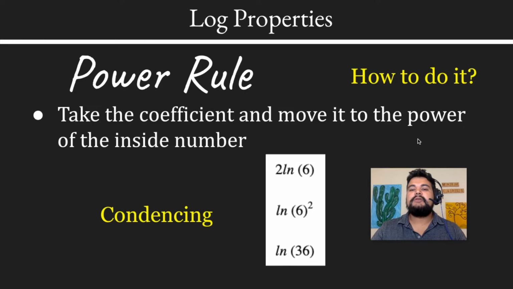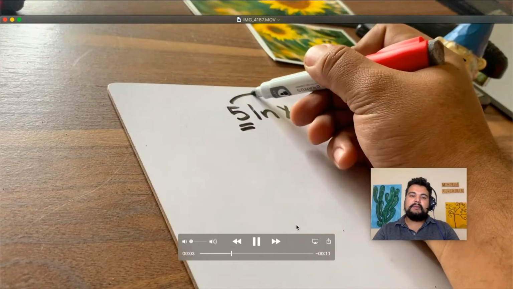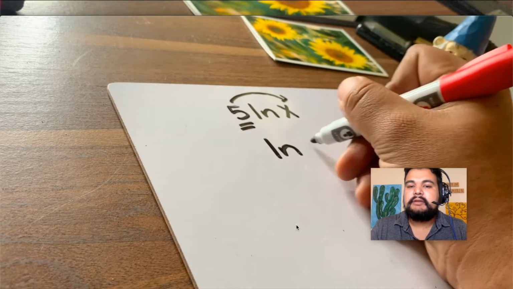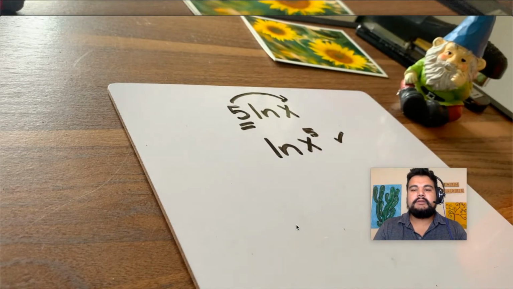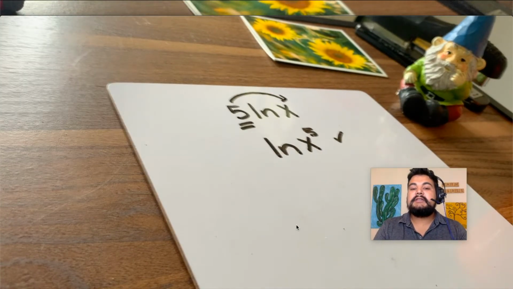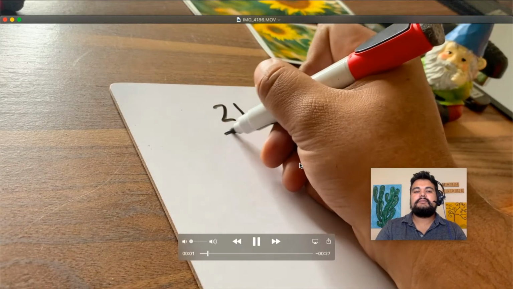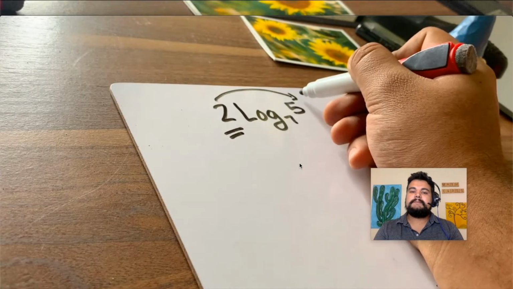Now let me show you some examples. If we take the 5 and move it to the top of the x, then we have ln of x to the power of 5, and that's what you do. Now this is condensing also. We're going to move that 2 to the power over there.